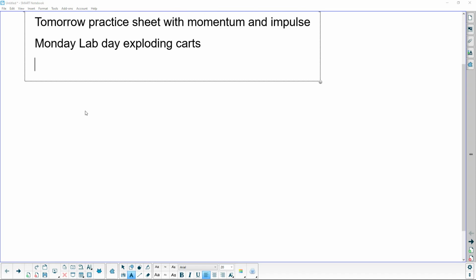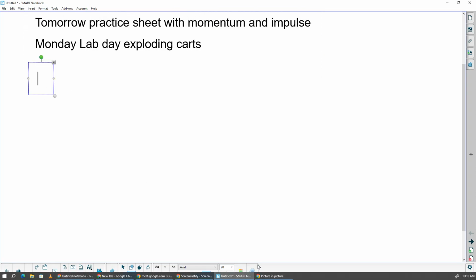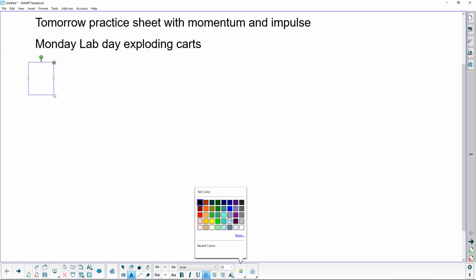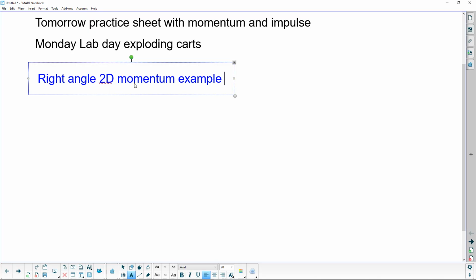Okay, so let's just start with a two-dimensional problem and work it through step by step. Okay, so let's say that this is going to be a right-angle 2D momentum example. Okay, how we work and analyze it.